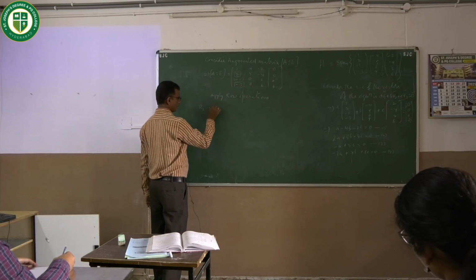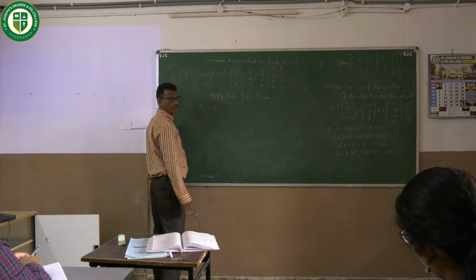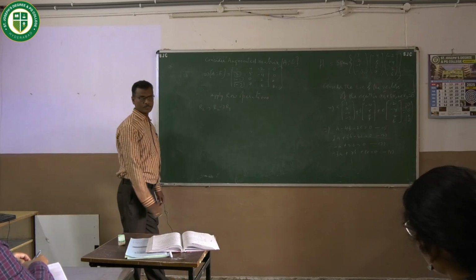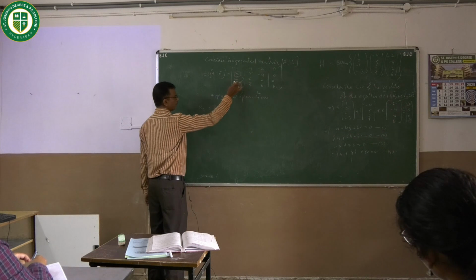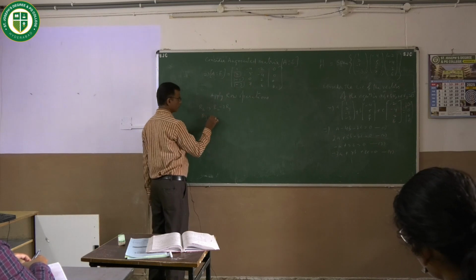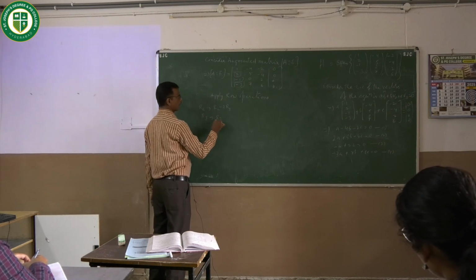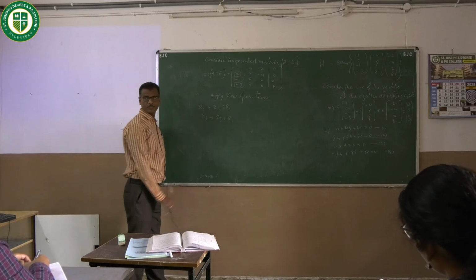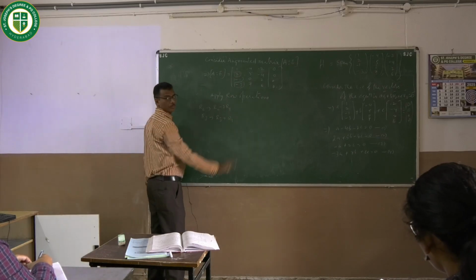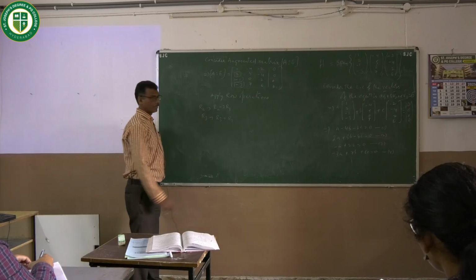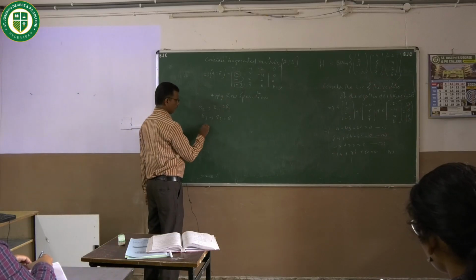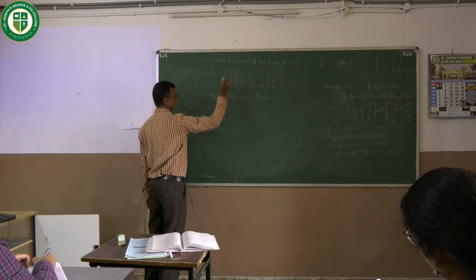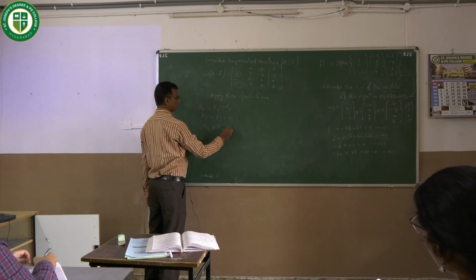How do you get that? R2 is here 2, and multiply 2 into R1. Then next, here minus 1 is there, R3. R3 is here minus 1, and plus R1. Minus 1 plus 1, 0. And minus 3 is here, R4. R4 is minus 3, multiply with 3 here. That is plus 3R1.